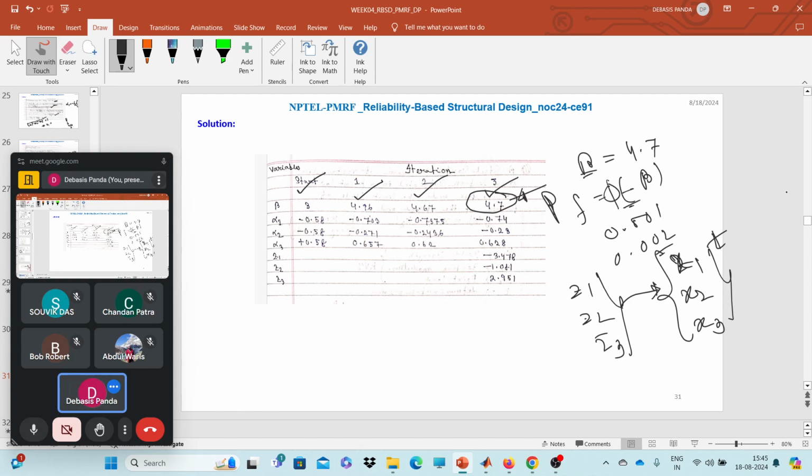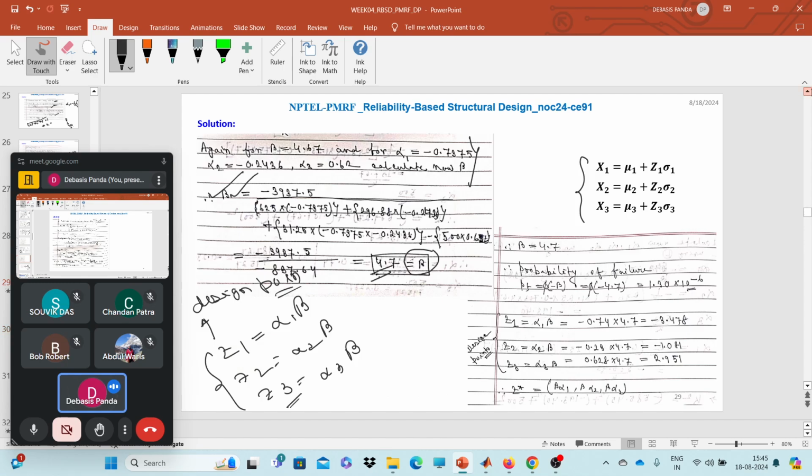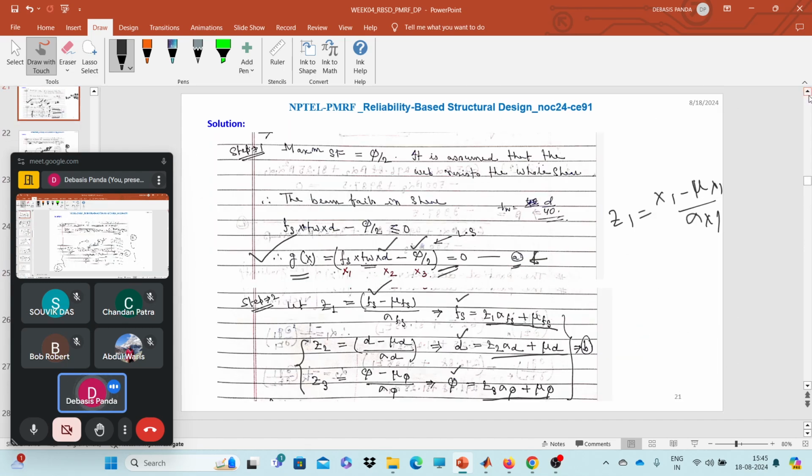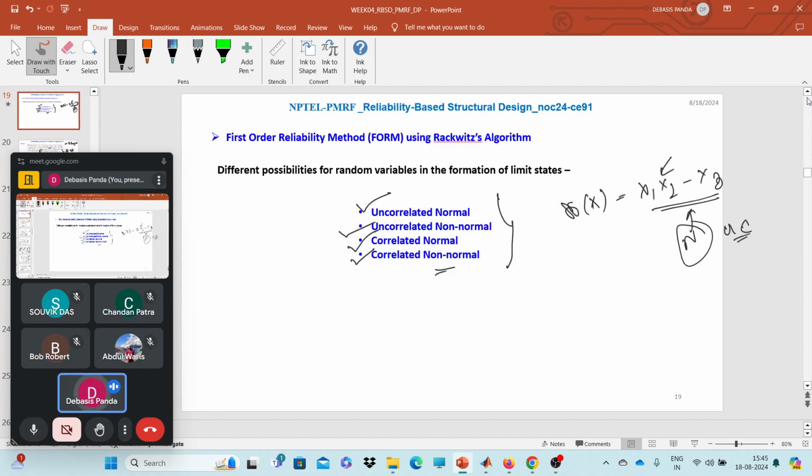So now let's quickly summarize the algorithm, then we will solve one problem so that our concept will get clear. Actually, these problems we cannot solve using pen and paper for all the iterations. As you have seen, for the 3rd and 4th iterations, you need to calculate again and again until convergence is achieved. So we need to code it. But still, here I have added how you can solve one problem using pen and paper.